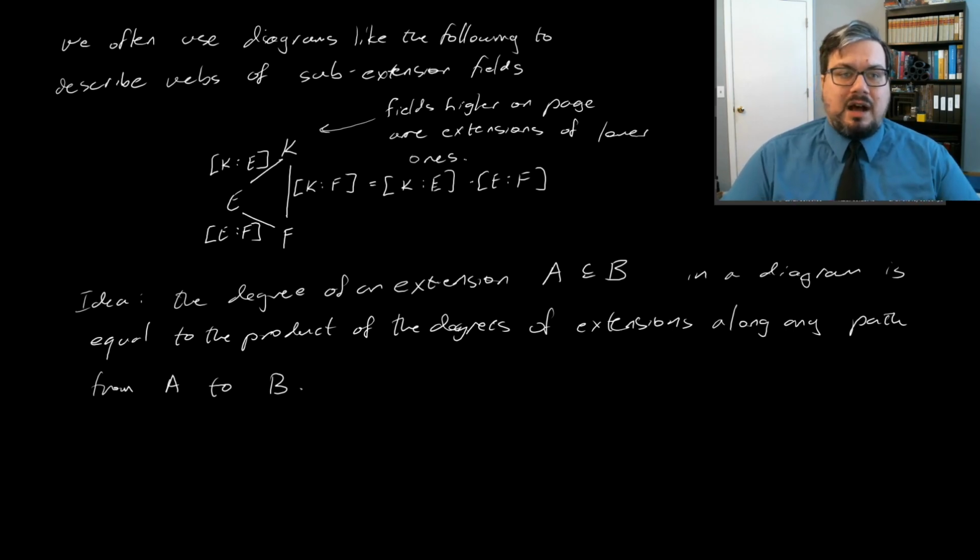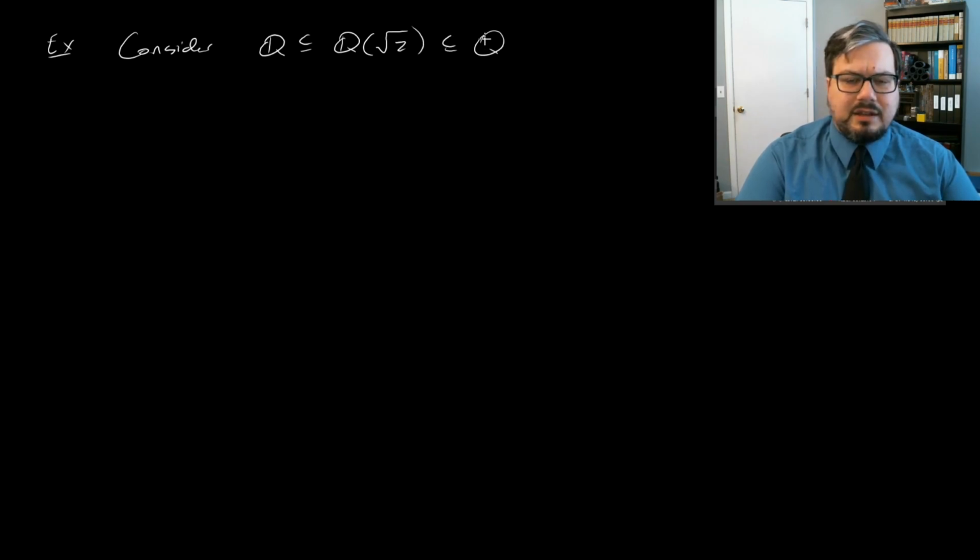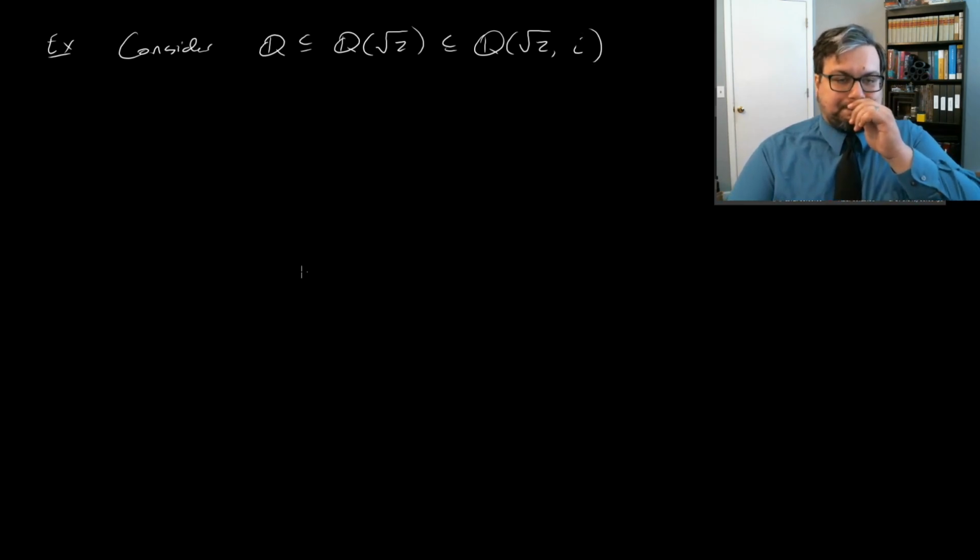So let's look at a couple of examples. Let's consider the field extensions Q contained in Q adjoining the square root of 2, contained in Q adjoining the square root of 2, comma I. We looked at this in a previous section.